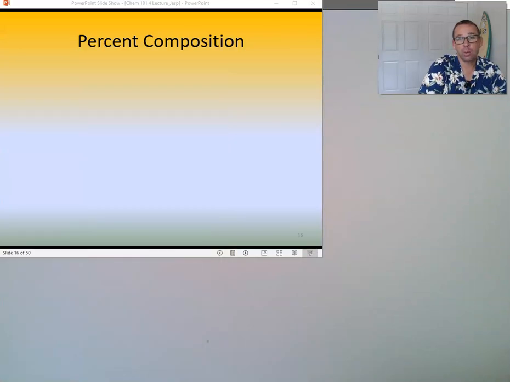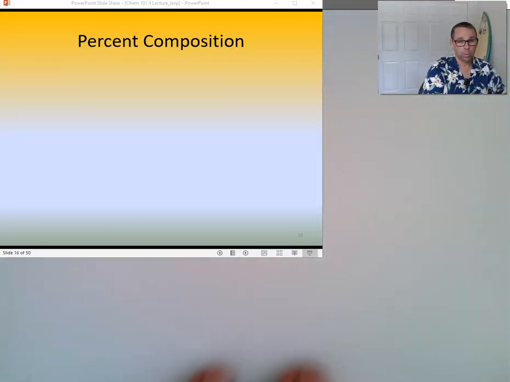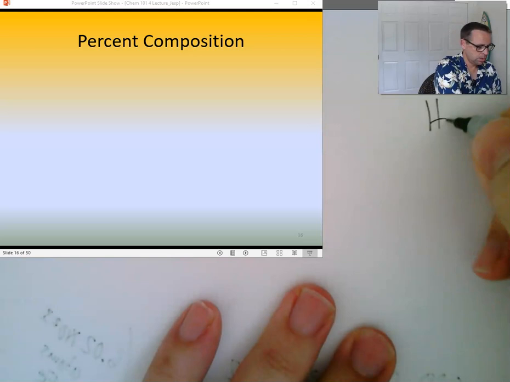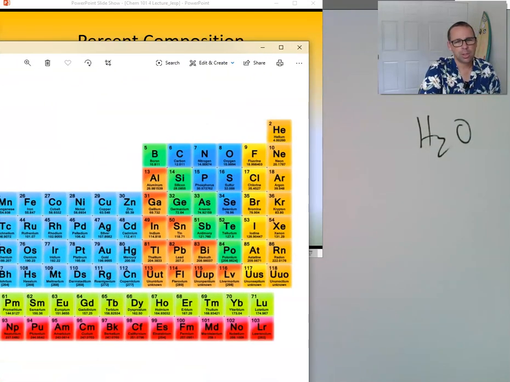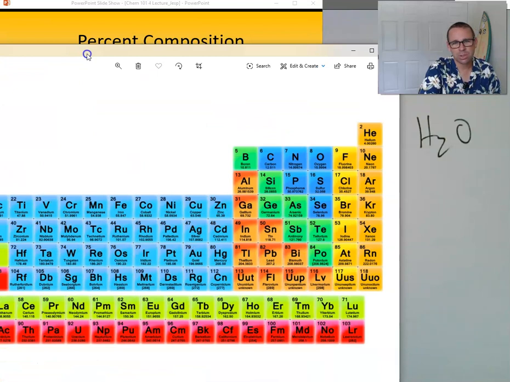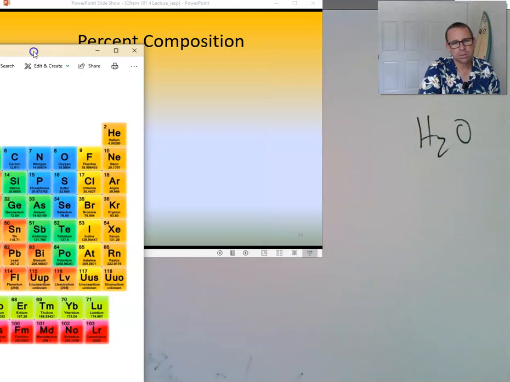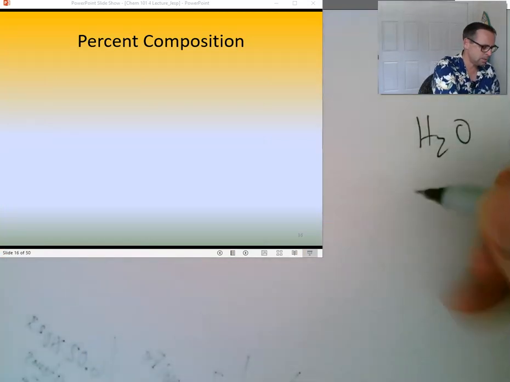We find the molar mass of something like water, right? And we can always refer to it as the molar mass. We could also call it the molecular mass. And the molecular mass, again, is how much mass you need to get 1 mole of it. And oxygen is 16 plus the 2 hydrogens, right? So it's 17, 18.